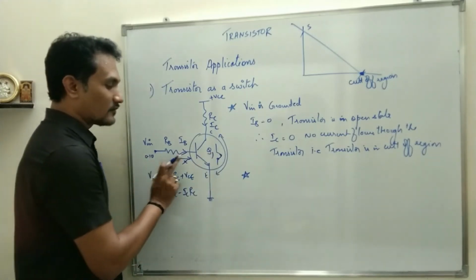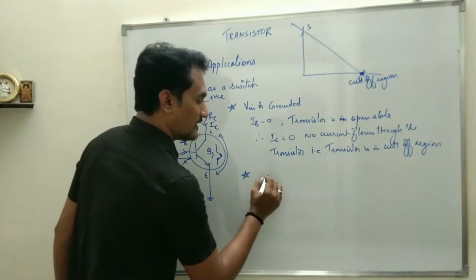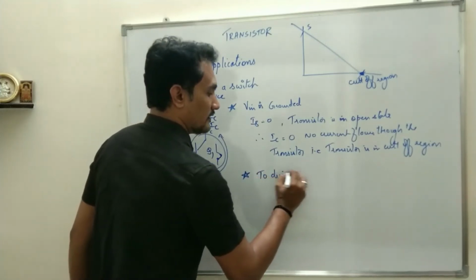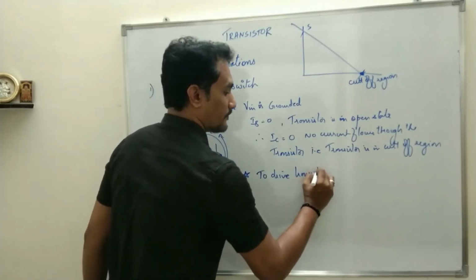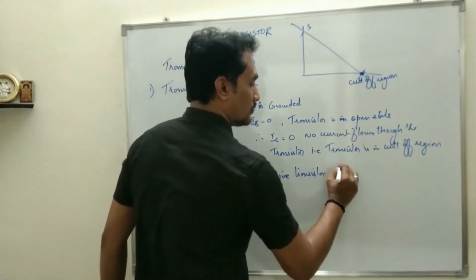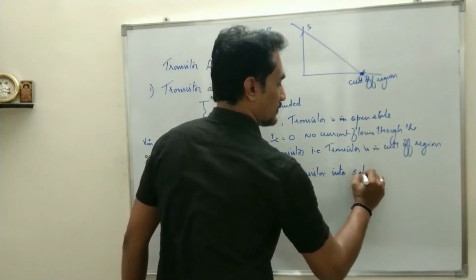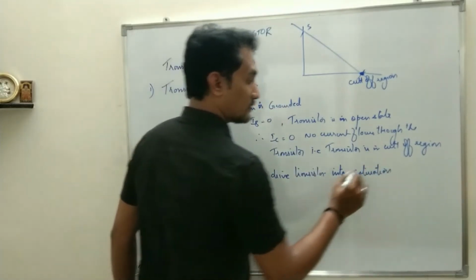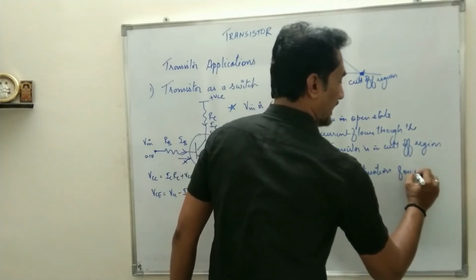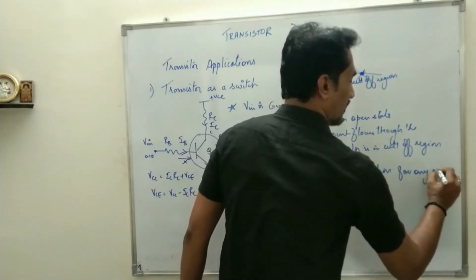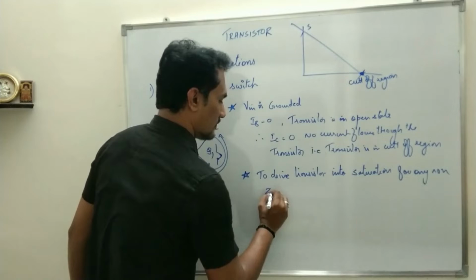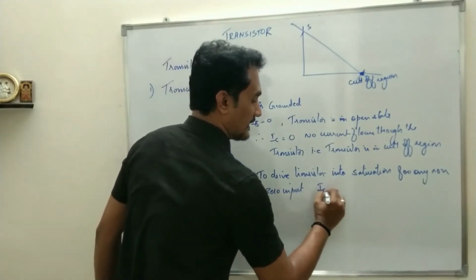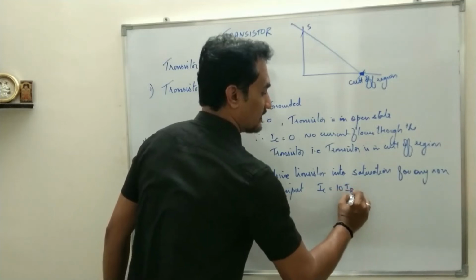So for that, what the condition is, to drive transistor into saturation for any non-zero input, the condition is IC should be 10 times that of IB.